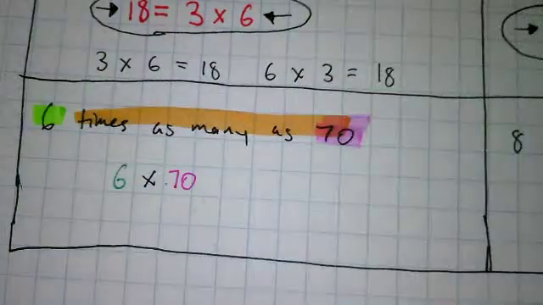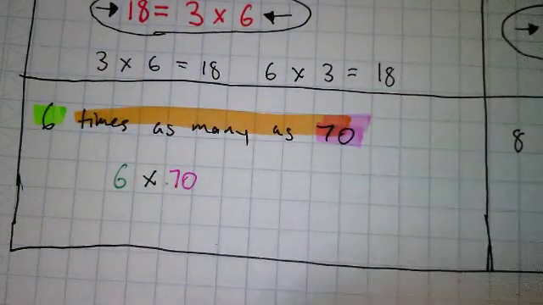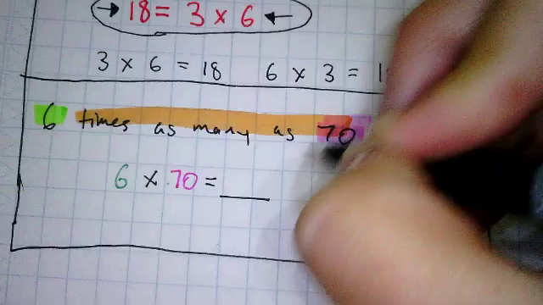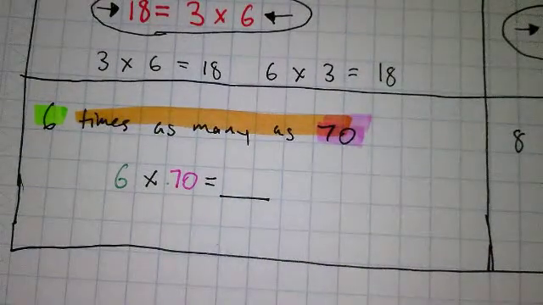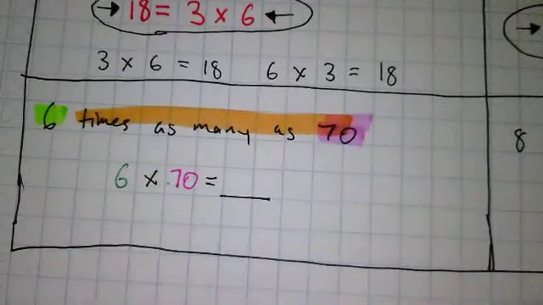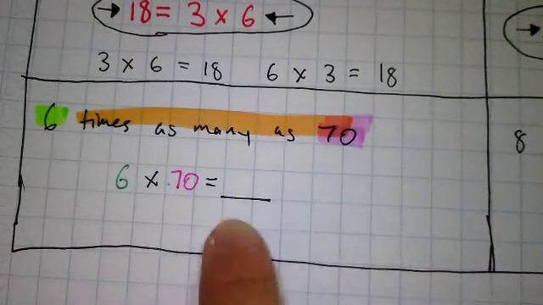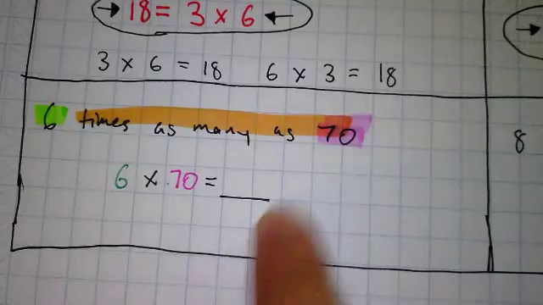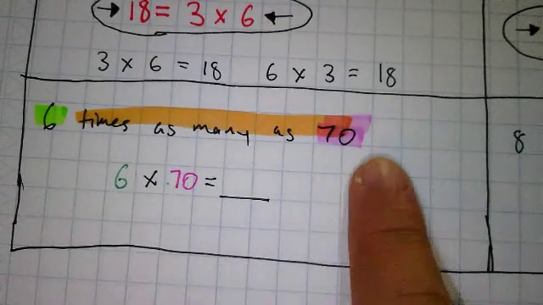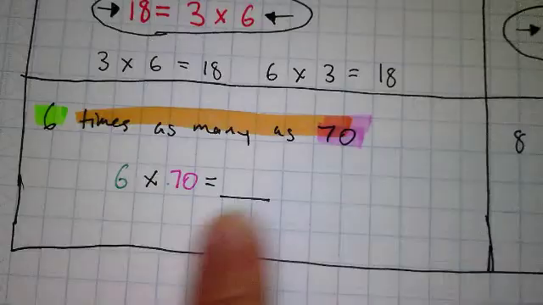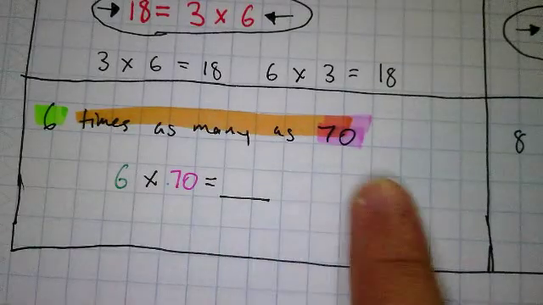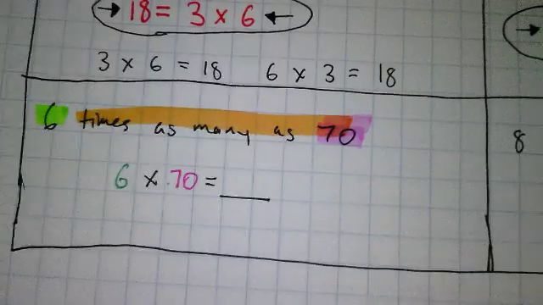We're doing 6 times 70. Equals blank. So they don't give us the equals blank, right? But they don't give us the equals up here because we're actually finding the answer this time. So yes, there's no is, right? Because we just know that it's giving us two numbers that we need to multiply together, okay?